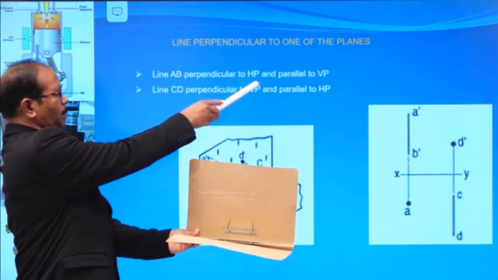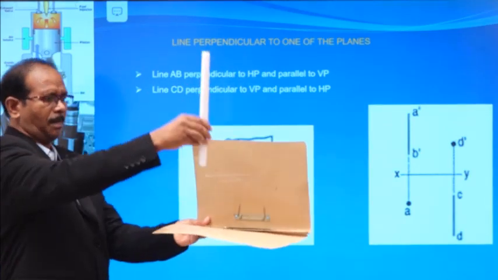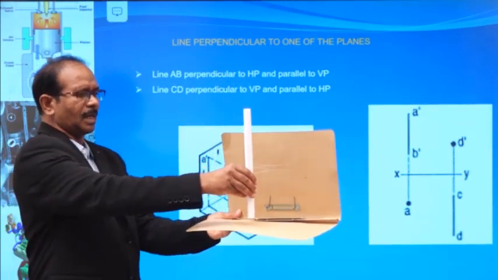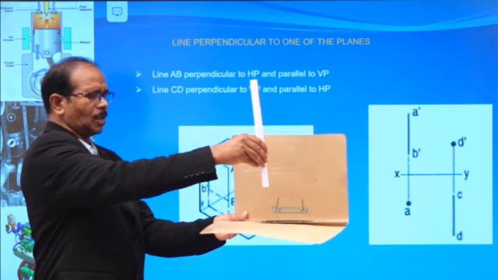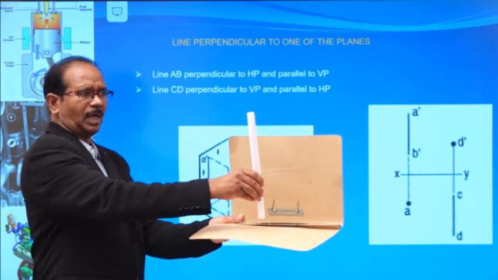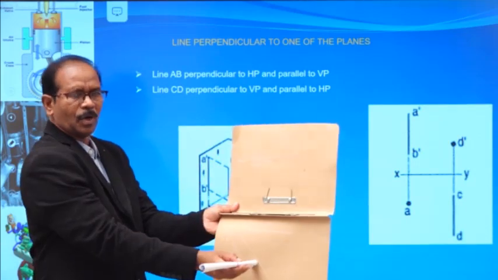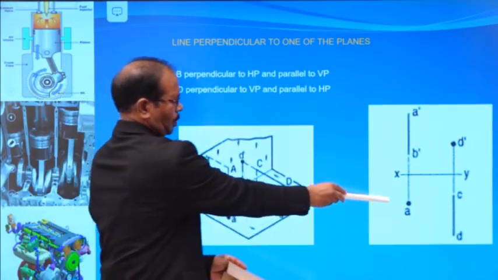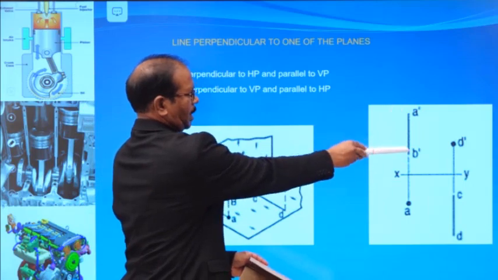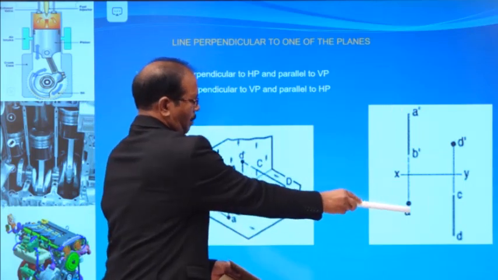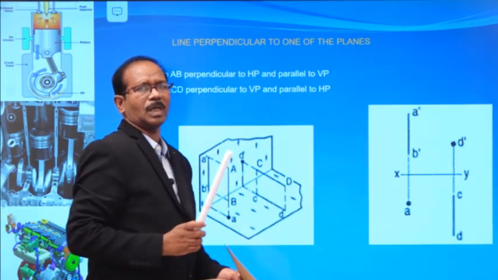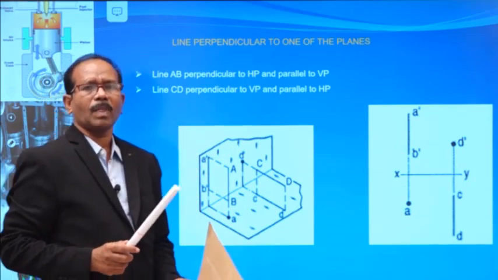Line AB perpendicular to HP and parallel to VP. So front view is a line, top is a point. Open, the point goes below. Now this is the point, and A dash B dash is the front view. A and B also will come by the side, so that is the top view.